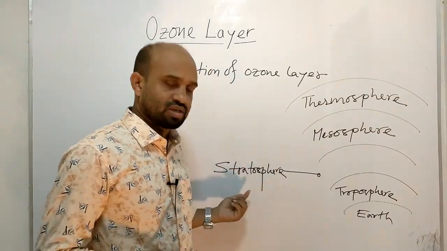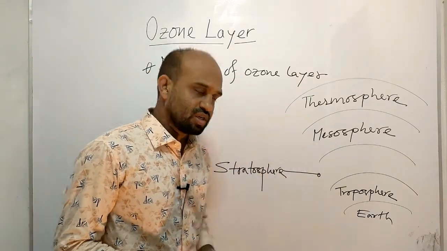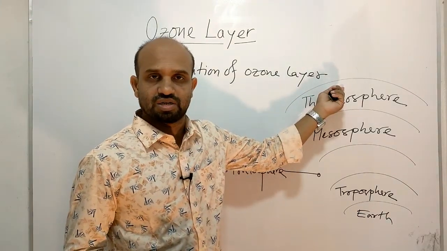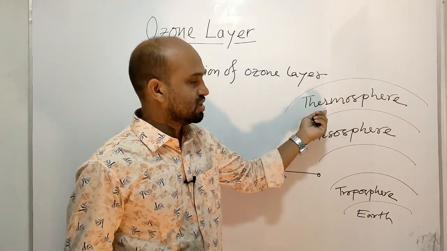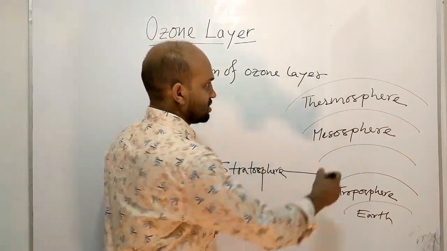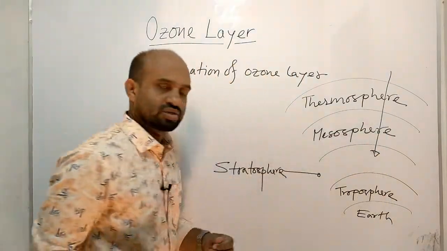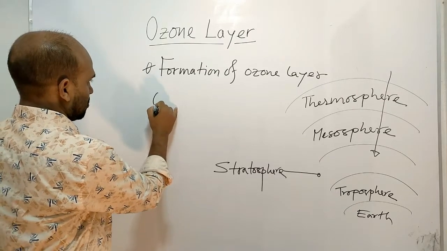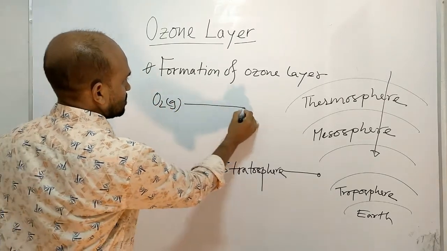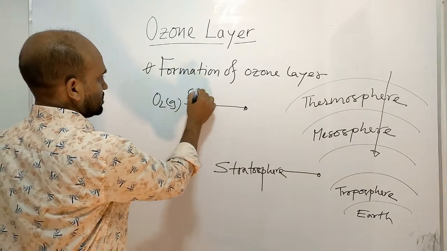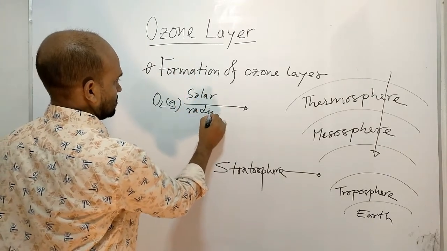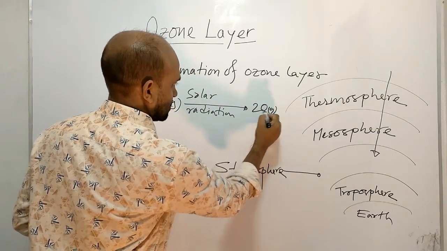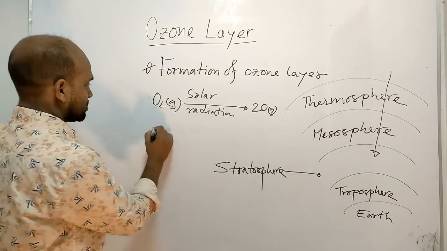Ozone layer is formed in the stratosphere in this way, and here most of the solar radiation is absorbed in the thermosphere, and a part of radiation enters the stratosphere, and here this happens, that is, oxygen gas in presence of solar radiation converts to atomic oxygen.